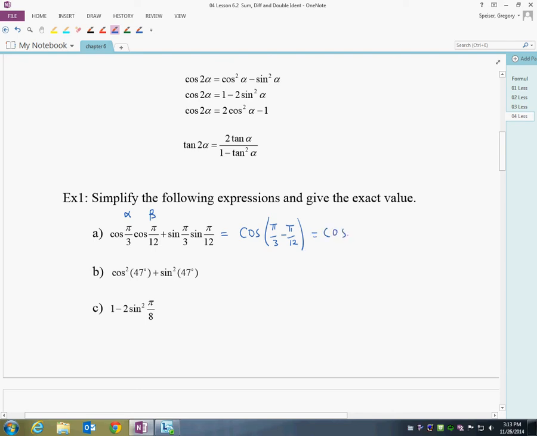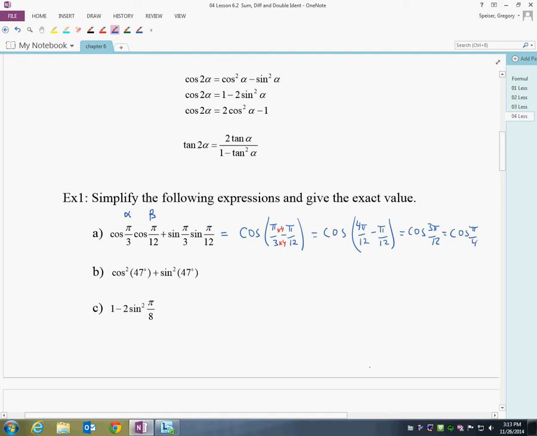That's going to be the same thing as 4 pi over 12 minus 1 pi over 12. Because to make the same denominator, I had to multiply the top and the bottom by 4 in the first one. That's where I got my 4 pi over 12. So this will be equal to the cos of 3 pi over 12, and 3 pi over 12 is the same thing as pi over 4. Cos of pi over 4.